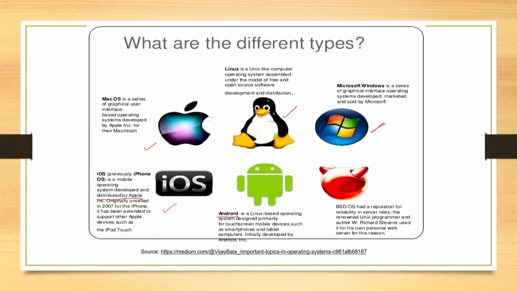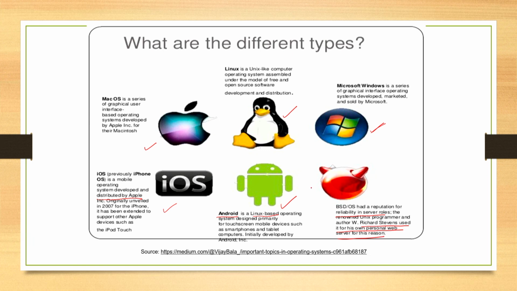Android is a Linux based operating system used in mobiles. BSD has a reputation for reliability in server roles. Richard Stevens used it for his own personal web server for this reason.